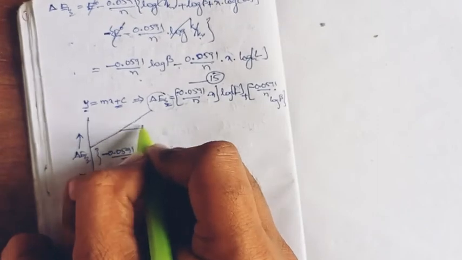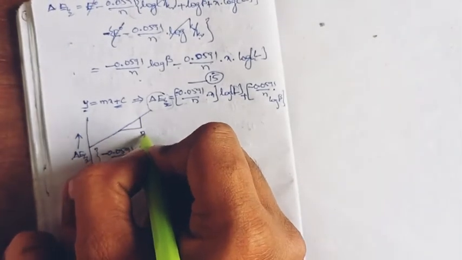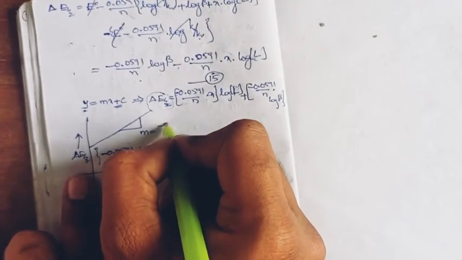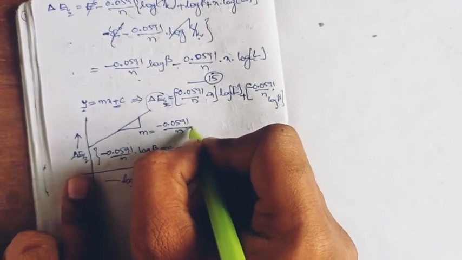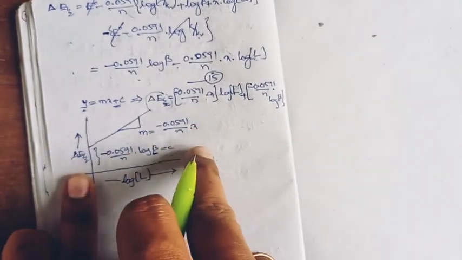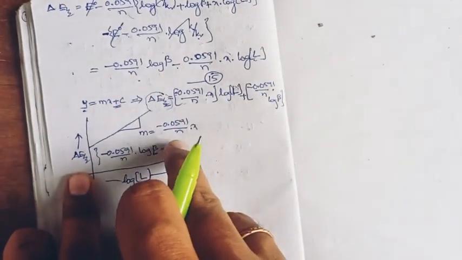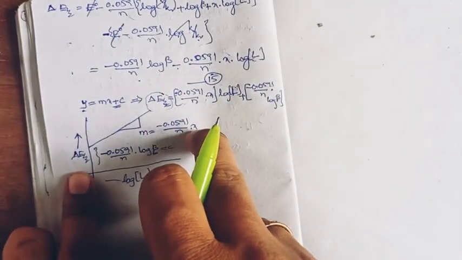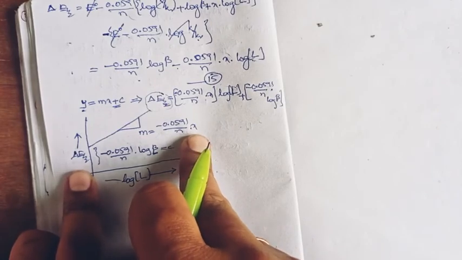And the slope of this particular straight line, m, is equal to minus 0.0591 by n into x. Here also the n number is known from the formula of the metal ion, and x is the coordination number for the metal complex.